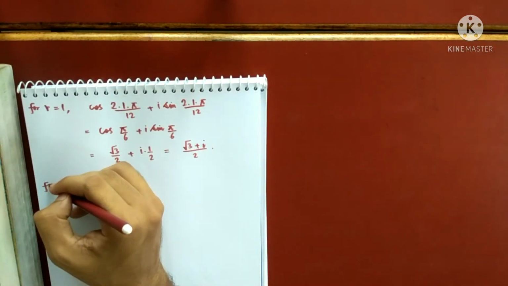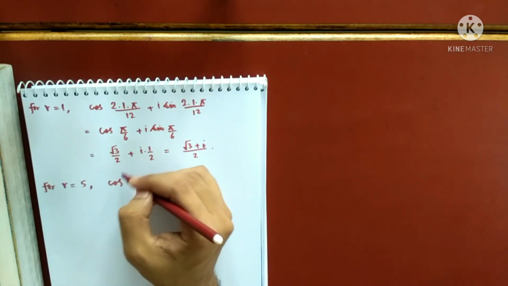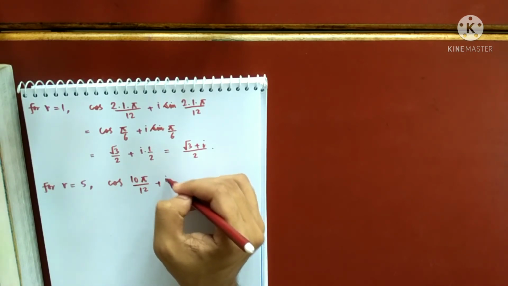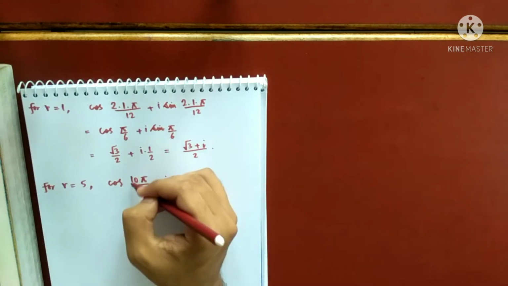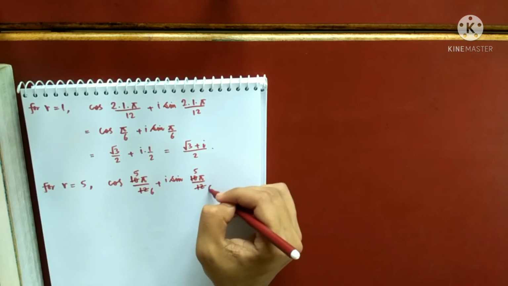And for r equals 5, this will become cos of 2 into 5, 10 pi by 12, plus i sine 10 pi by 12. This is nothing but 5 pi by 6.